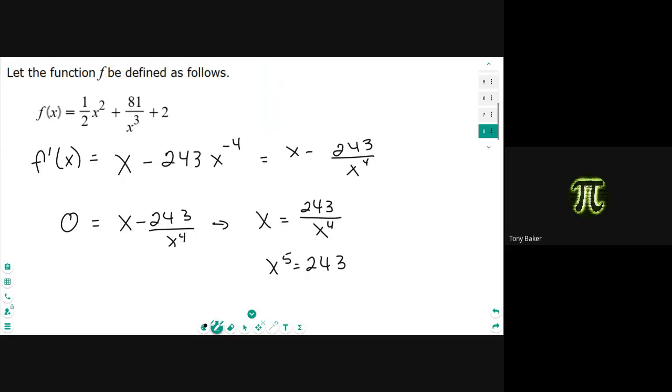Then you take the fifth root. Because it's odd, it'll be whatever the sign is. All right, so I got x equals 3.